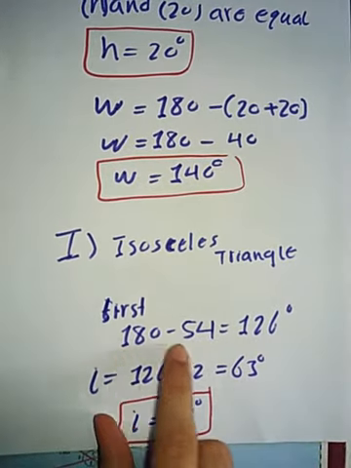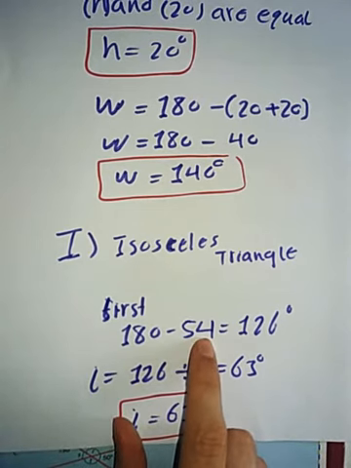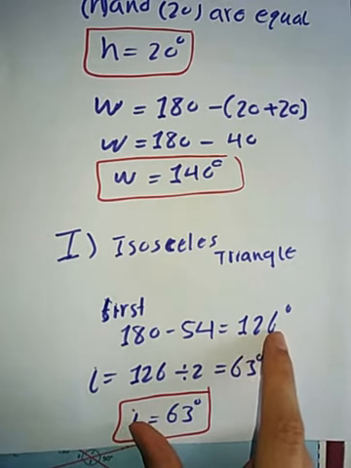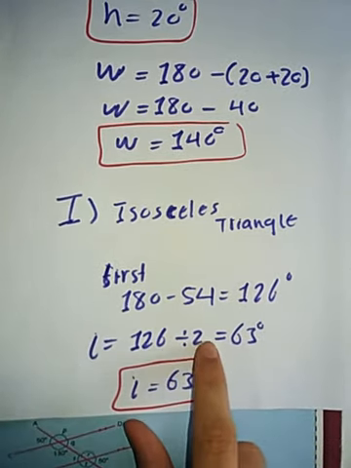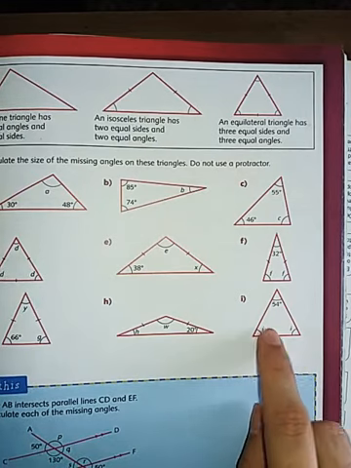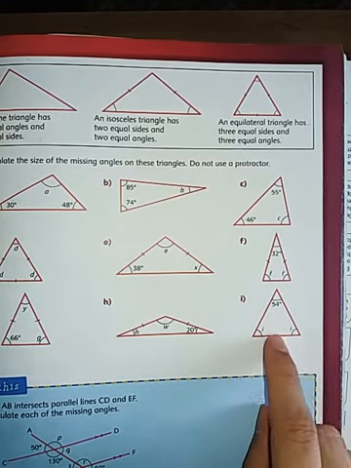So at first I subtracted 54 from 180 to get 126. Those 126 degrees are split equally between the two angles because they are equal. So I equals 63. Each one equals 63 degrees.